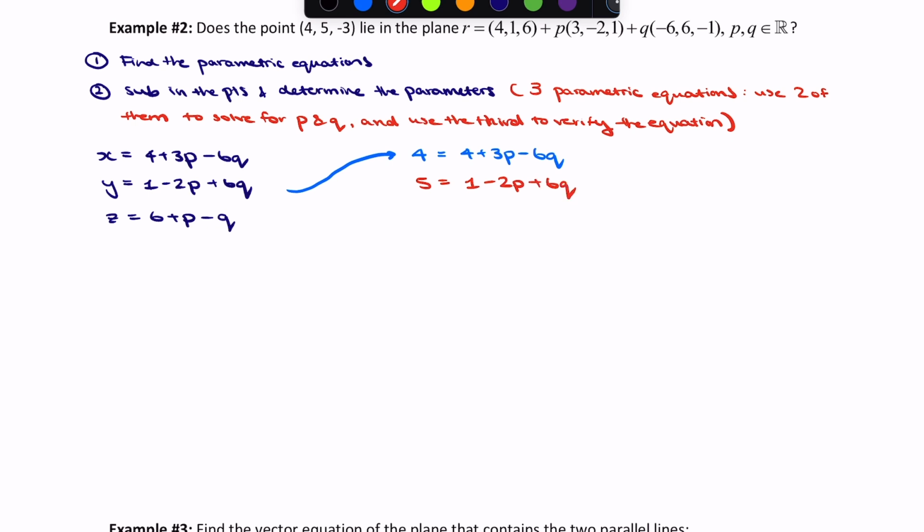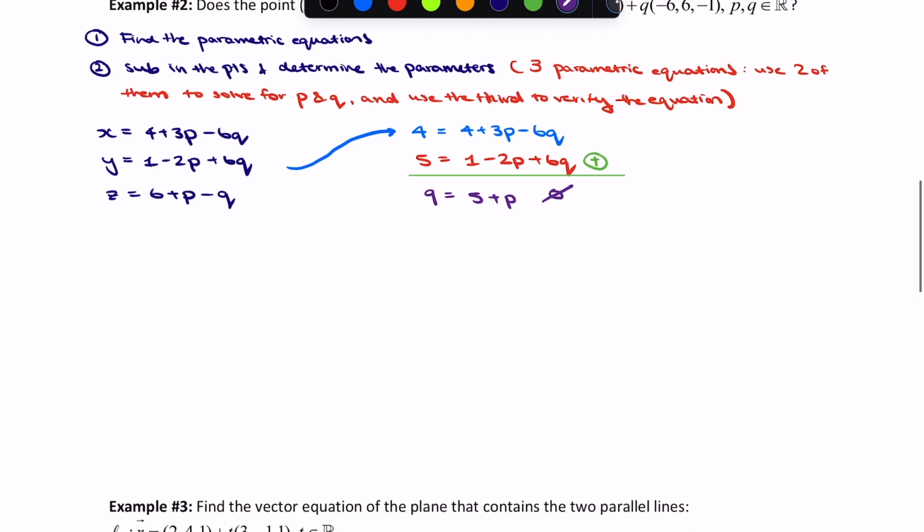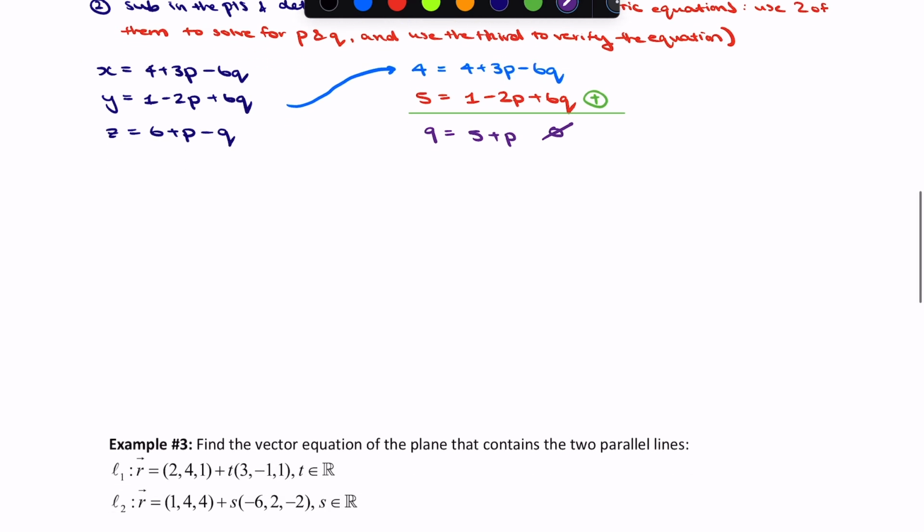Here we have -6q and positive 6q, so we'll add these 2 equations together. That will leave us with 9 is equal to 5 plus p, and the -6q and positive 6q will cancel out. Here we get p is equal to 4.